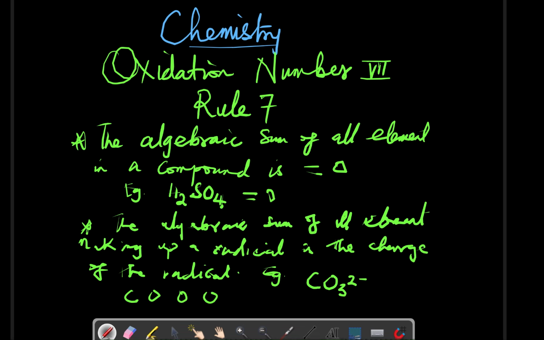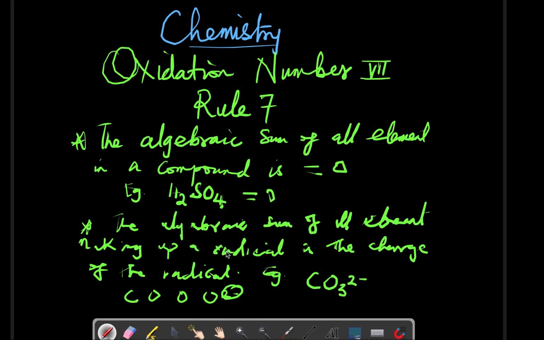All these elements put together gives us CO3, then the charge on it. This is where I was saying that the algebraic sum of all elements making up a radical is the charge of the radical. So the charge that is there becomes the answer. You are going to equate the whole of this to -2. That's what it means.